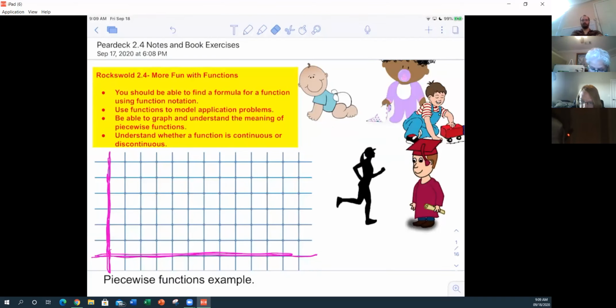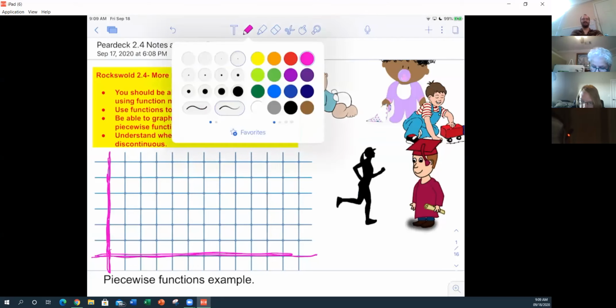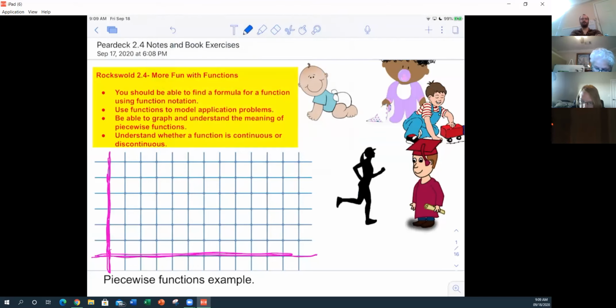When you're born, you're 0 years old, and you're 0 years old until you get to be 1 year old, and then you jump up to 1, and then you're 1 year old until you get to be 2 years old, and then you're 2 years old until you get to be 3 years old. So that's how the greatest integer function works. It is actually the rounding down function, but it always looks like steps, and it's an interesting function.